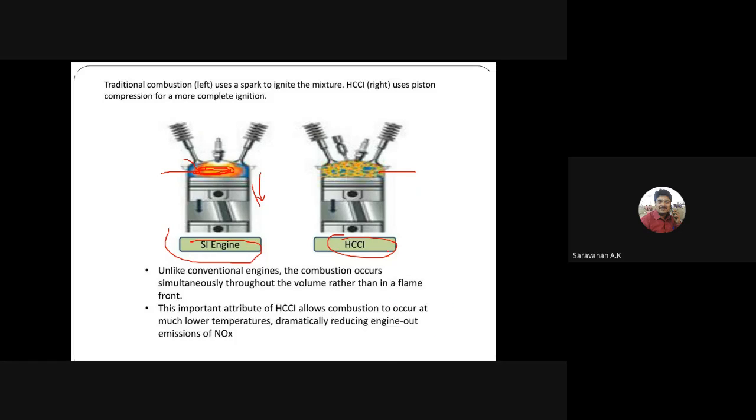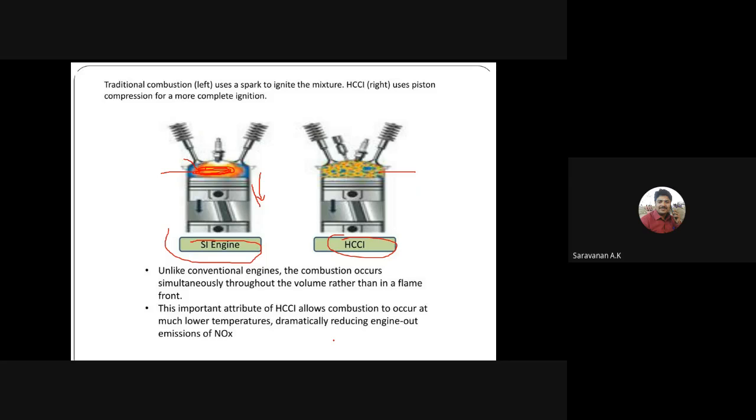So in this mode, the combustion process is arranged in such a way that the combustion takes place under very lean and dilute mixture conditions, right? You may note this one.